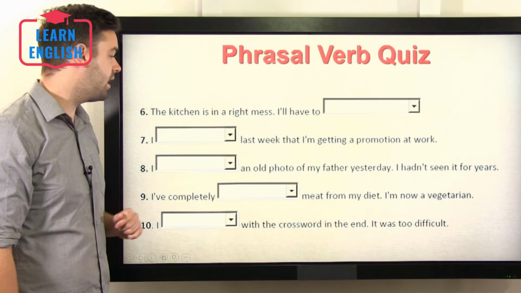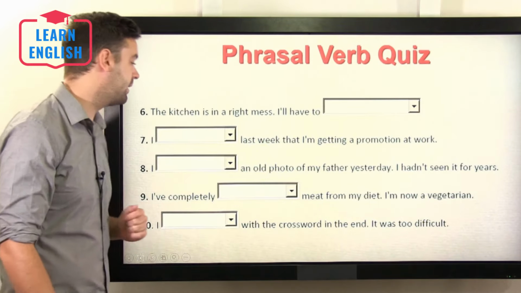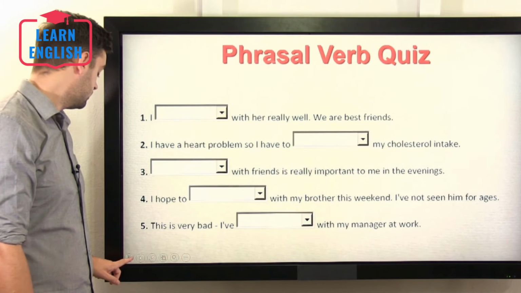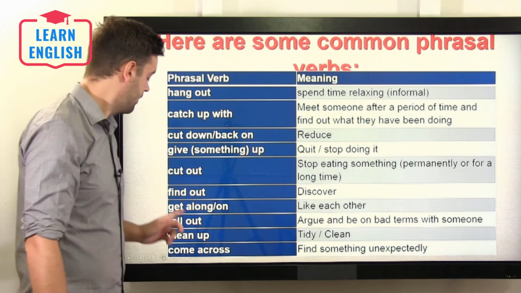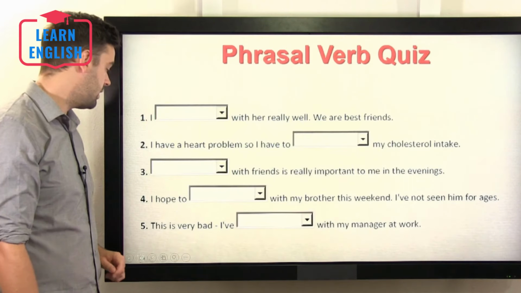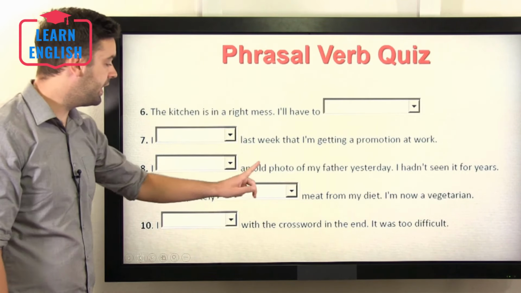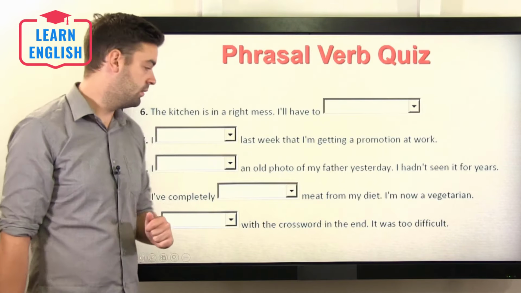Number 7: I blank something last week that I'm getting a promotion at work. I found out that I'm getting a promotion last week. Number 8: I blank something, an old photo of my father, yesterday. I hadn't seen it for years.